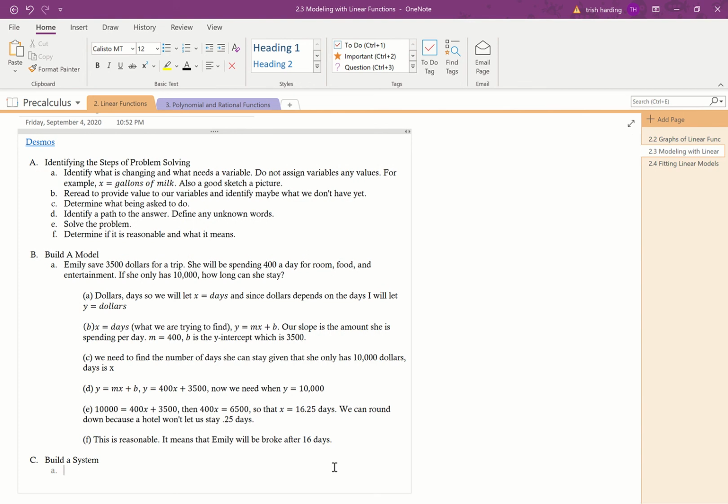So we have 2 truck rental companies. The first, Keep On Trucking, charges an upfront fee of $20 and then 59 cents a mile. So truck 1 is a fee of $20, and how much per mile? 59 cents a mile.